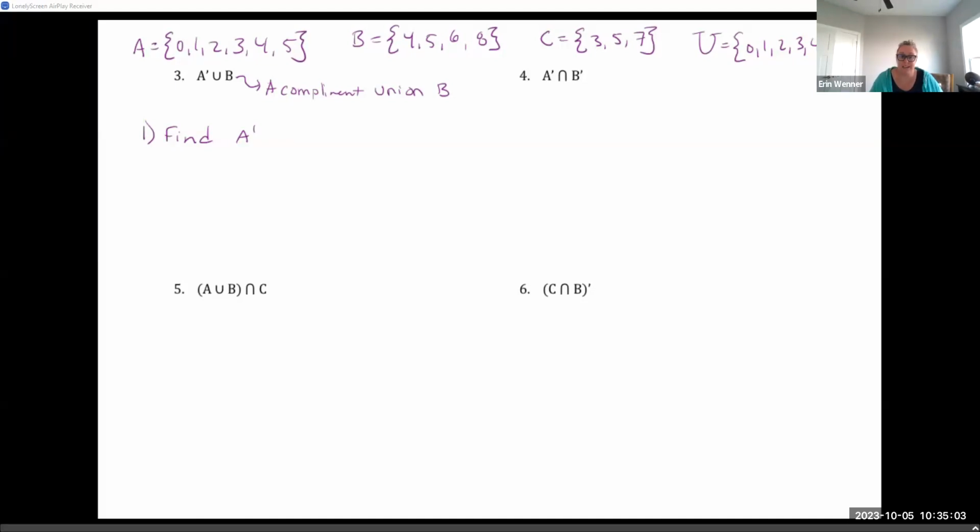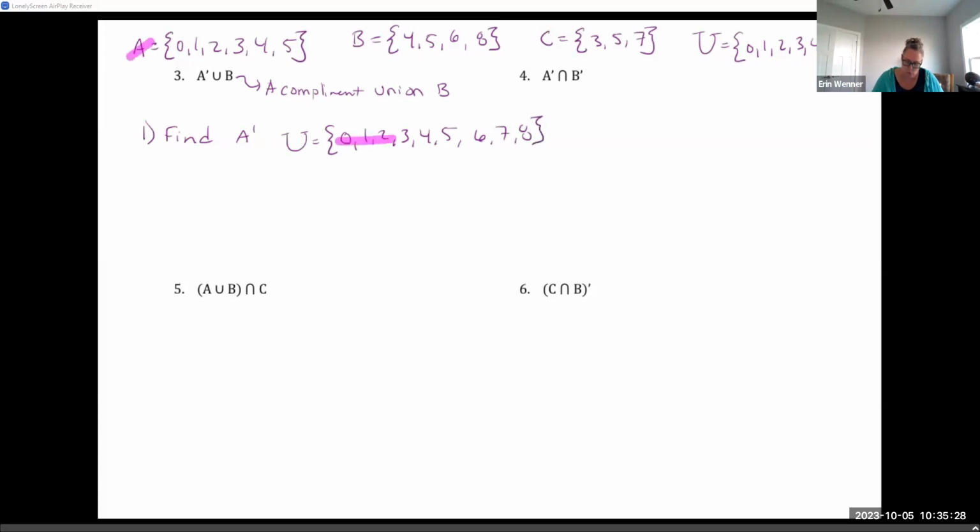So remember, when we're finding the complement, we start with the universal. So if we have our universal set, and if we highlight what is A, it's the numbers from 0 to 5, right?